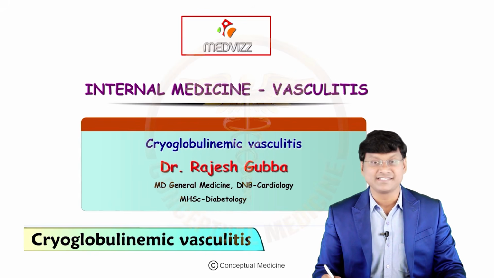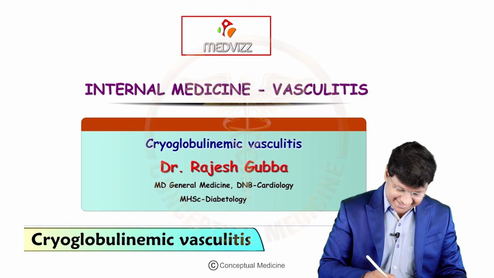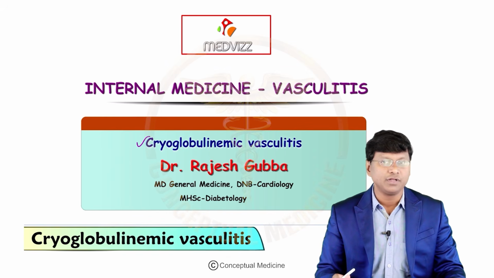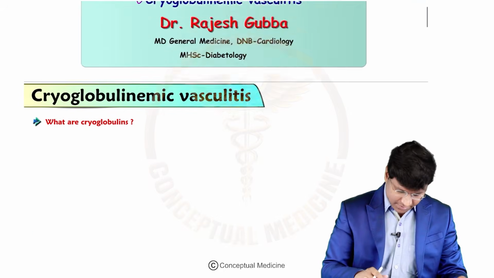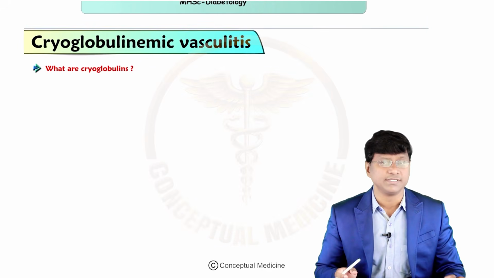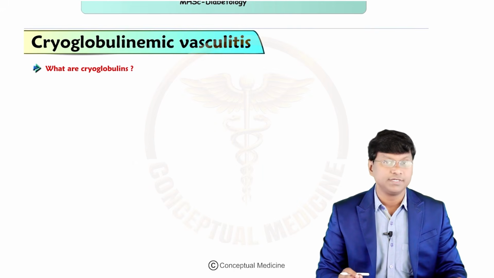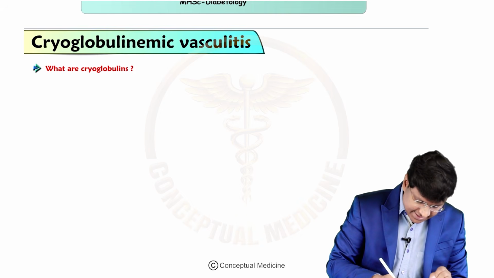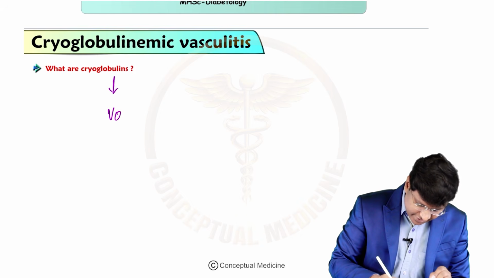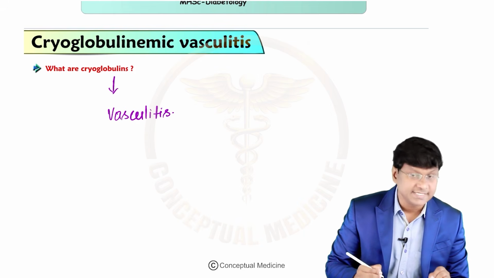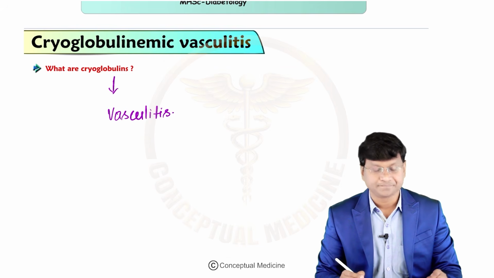In this session, I'll be discussing a very important type of vasculitis, that is cryoglobulinemic vasculitis. First of all, you should understand what cryoglobulins are. These cryoglobulins are basically immune complexes, and they are responsible for the development of vasculitis, where there is inflammation of the vessel wall.